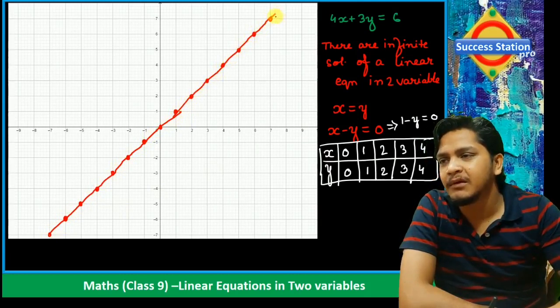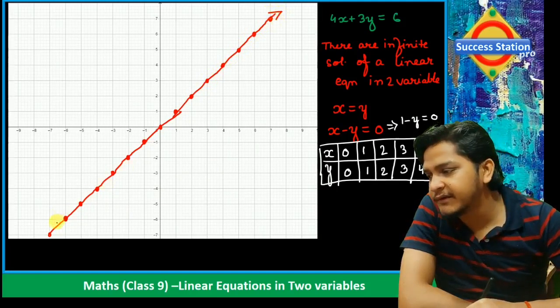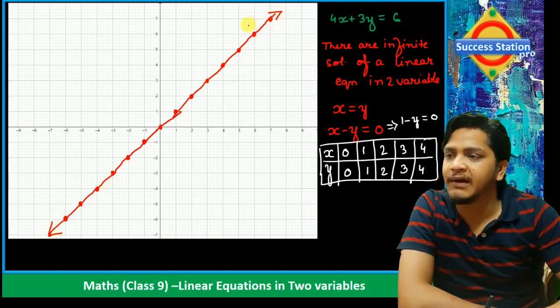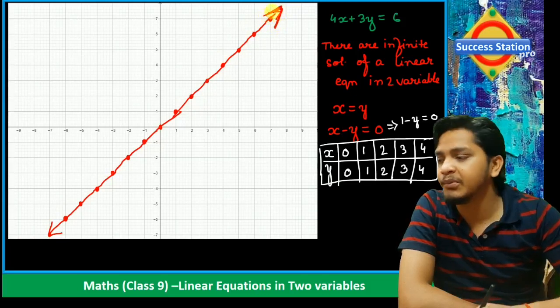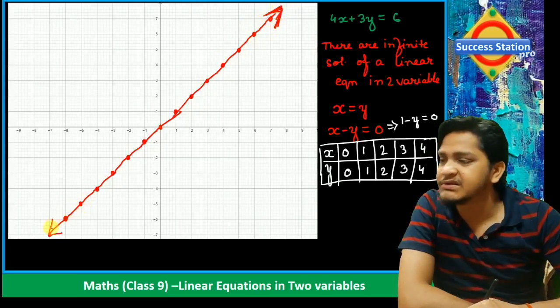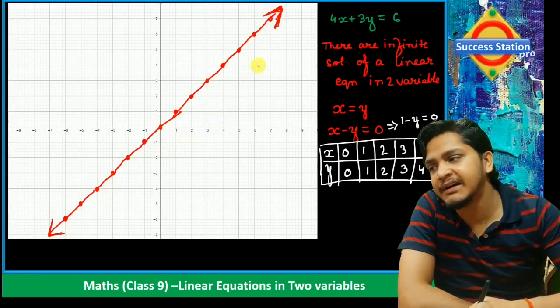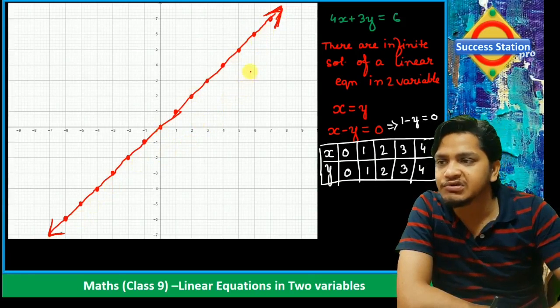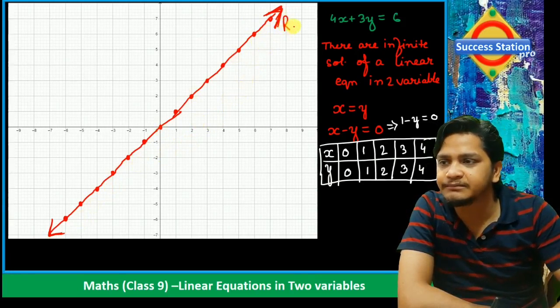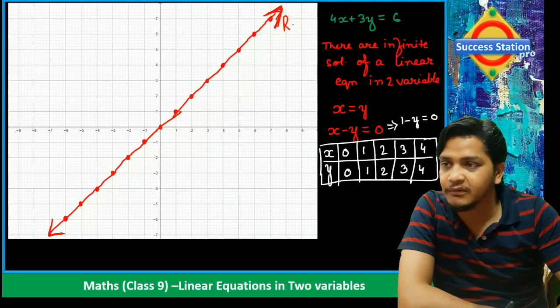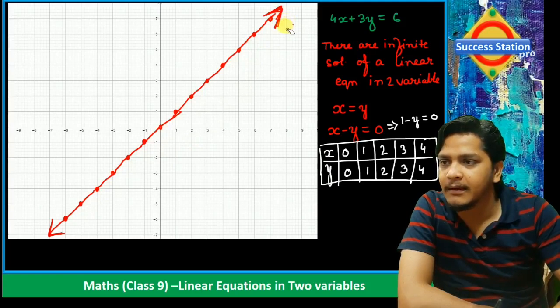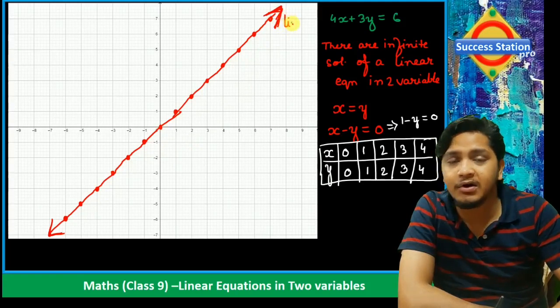Now do remember to give this sign. It is very, very important, because this line is not stopping. It can be extended in both the directions. So it is actually a line, not a line segment.